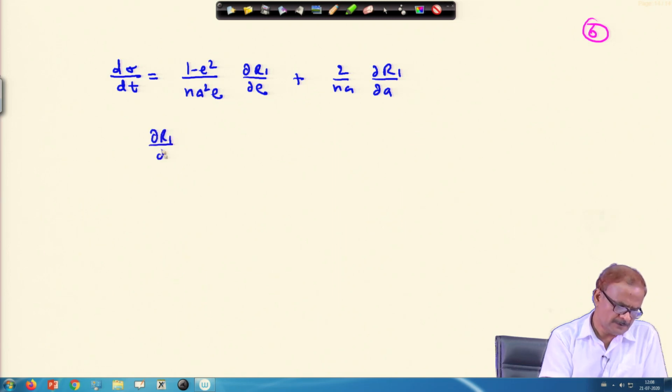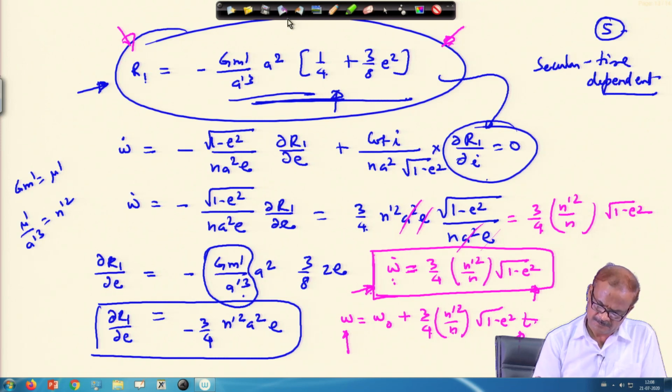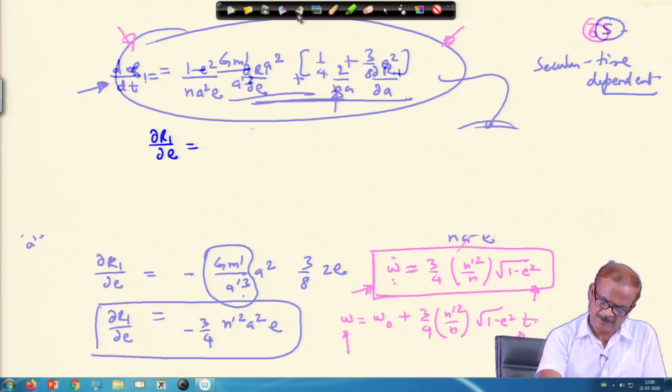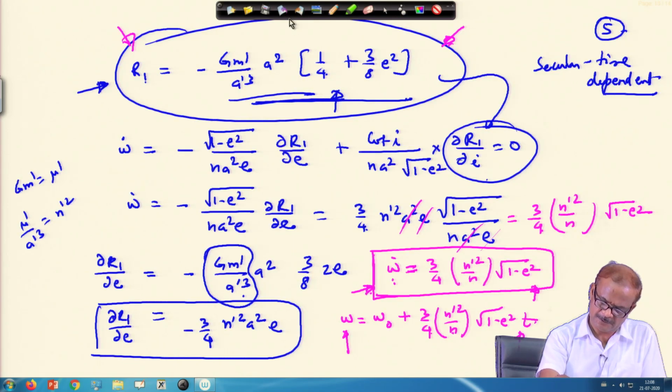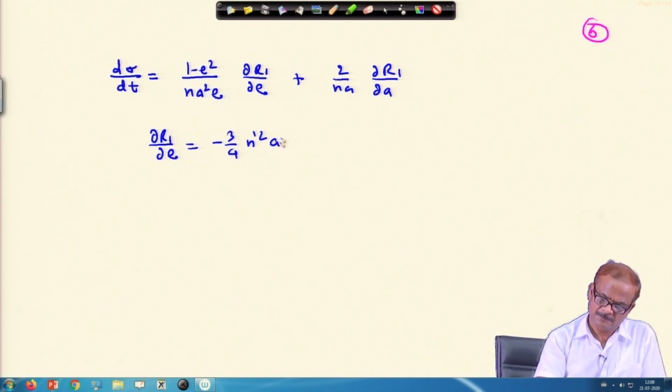So, ∂R1/∂e we have already calculated, minus 3 by 4 n prime squared a squared e, and ∂R1/∂a we have to compute.